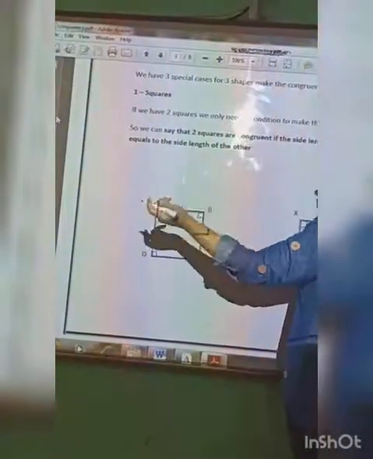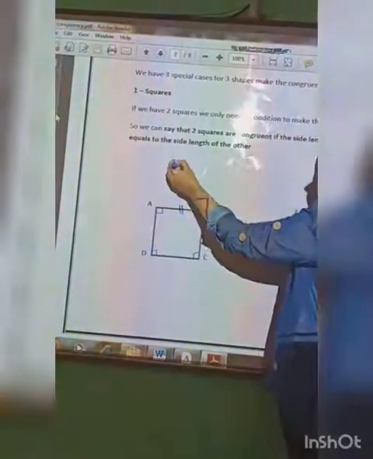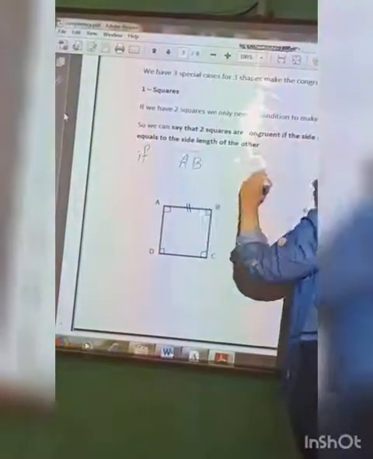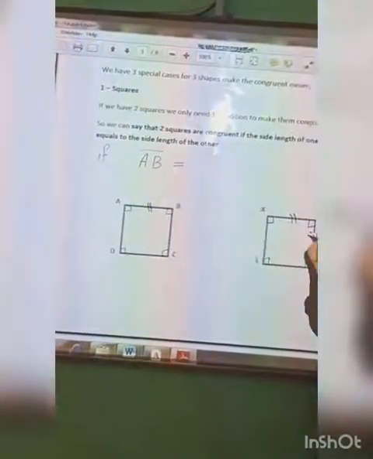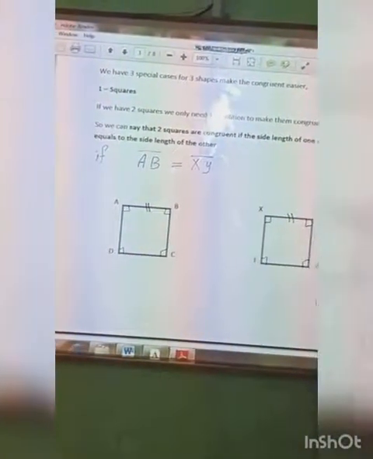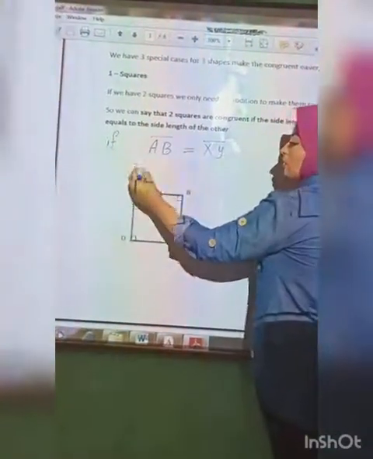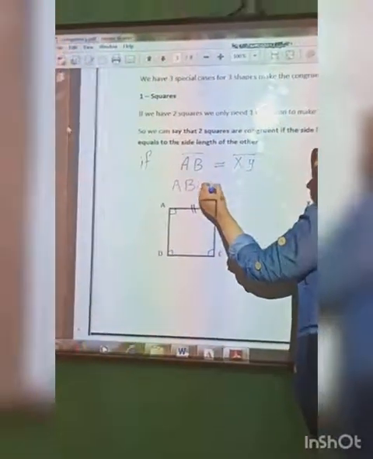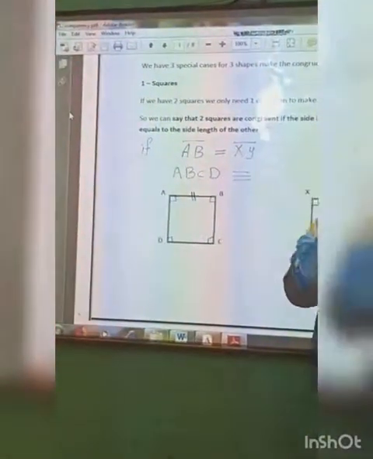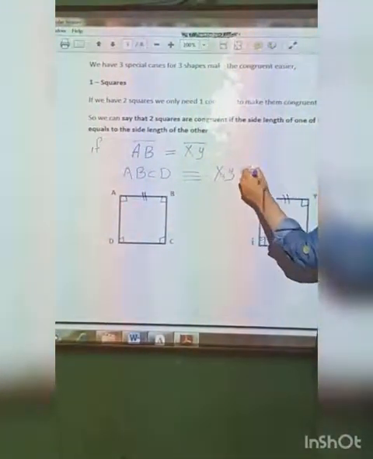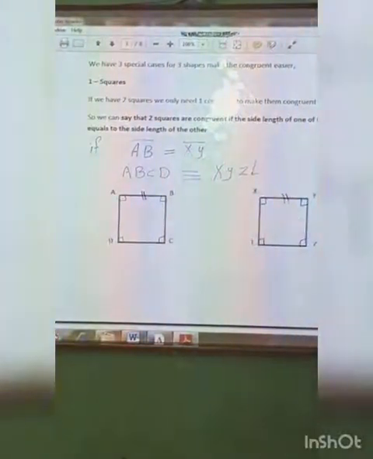So if we have the first side in this polygon, AB, if the side AB equals the side XY, so we can say that the polygon A, B, C, D is congruent to the polygon X, Y, Z, L. And remember the order of the letters.